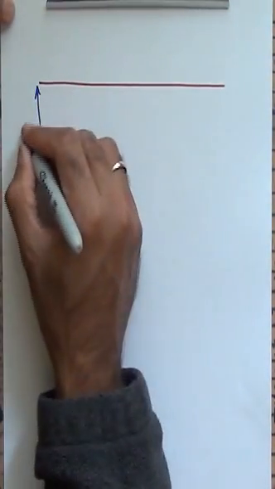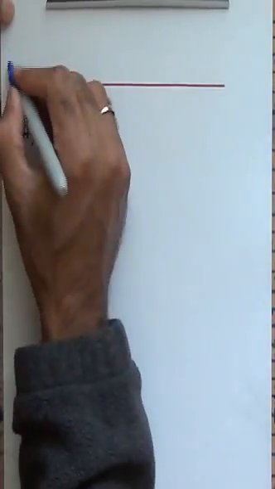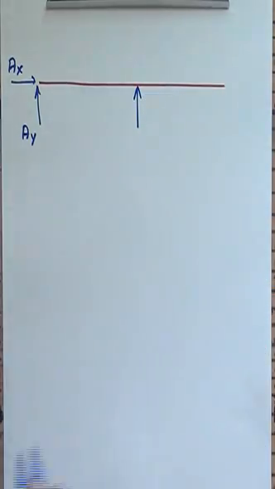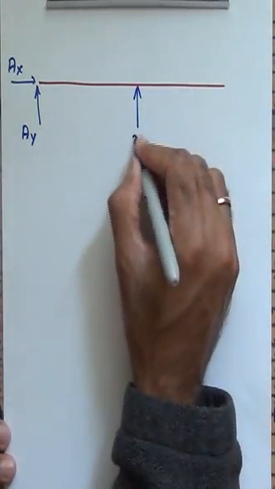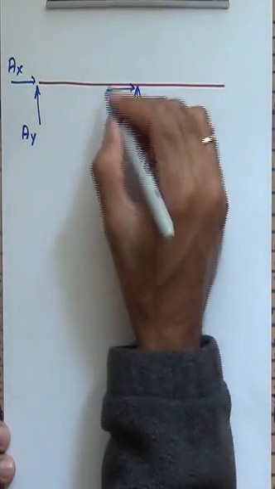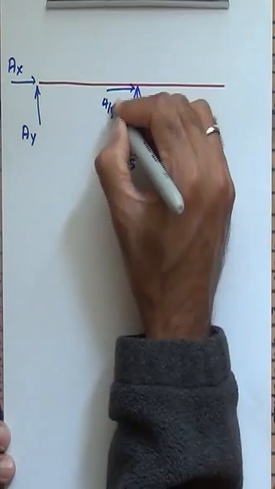Alright, so start off by looking at the free body diagram of ABD only. So here is the bar ABD. I have a series of forces at the point A, AX and AY, completely arbitrary directions. AY, AX. Then at this particular point, I have equal and opposite forces drawn. This was 3 by 5 FBC from the previous page. This was 4/5 FBC from the previous page.